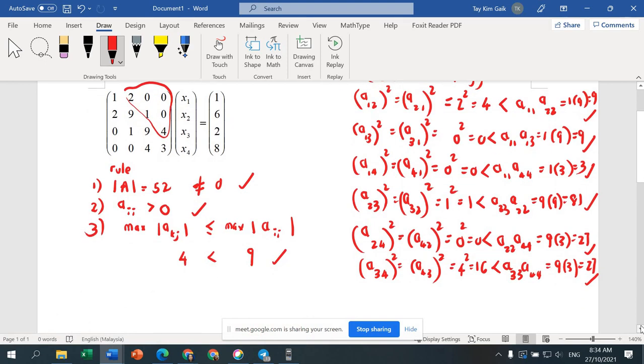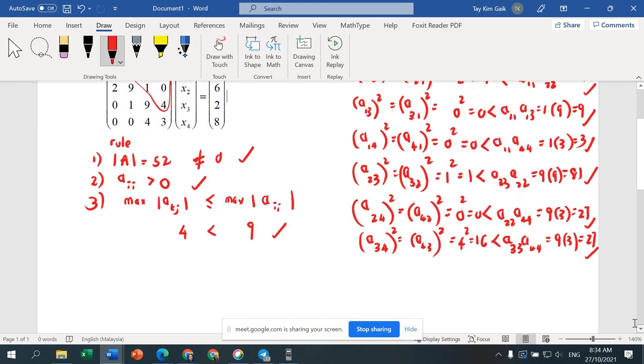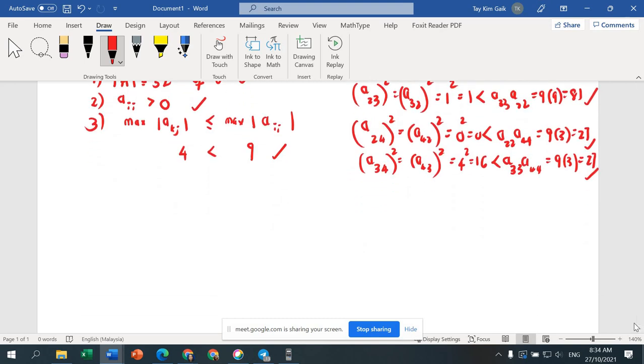After you show it is symmetric positive definite, you can do the first step. Because it satisfied these four rules, this one is symmetric positive definite. Let's say if it's not satisfying the rules, we have to use another method.